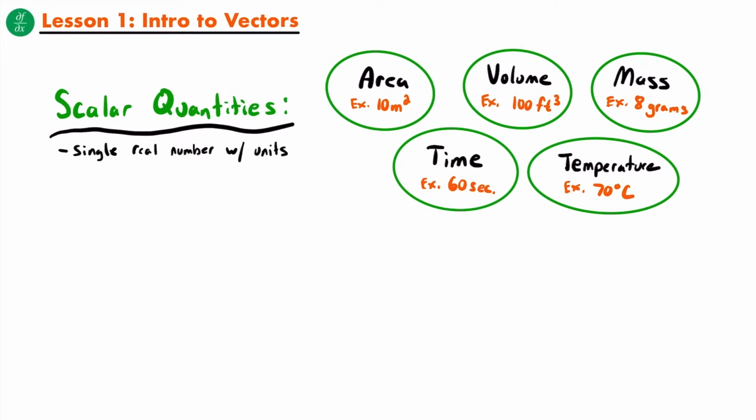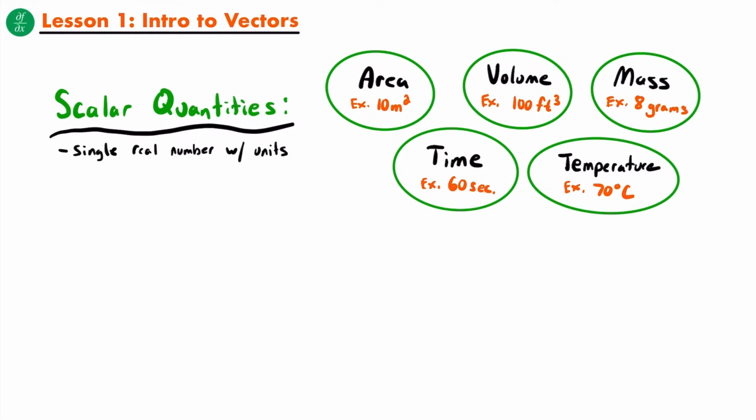And we call that single real number attached to those units for these scalar quantities a scalar. Okay, so the terminology may be new, but the concept of a scalar really isn't all that new. When you hear the word scalar, just think of a constant real number.